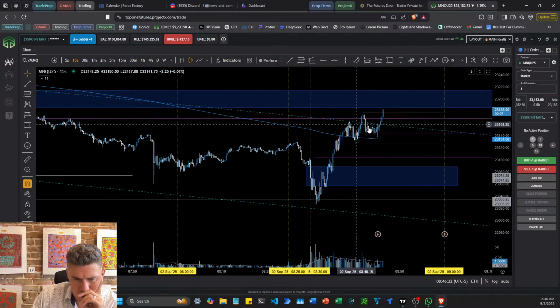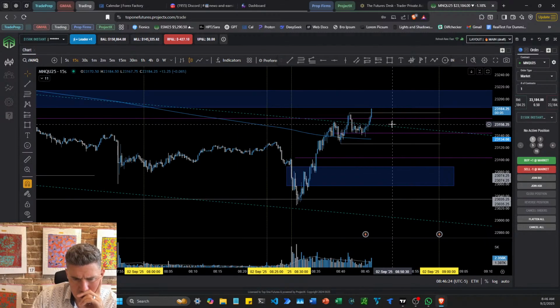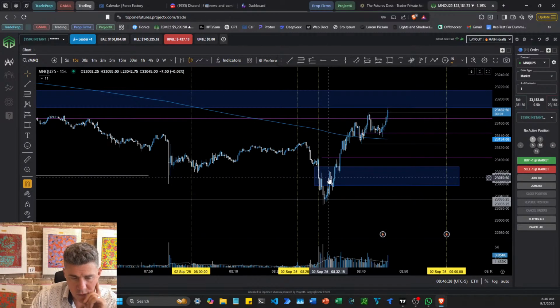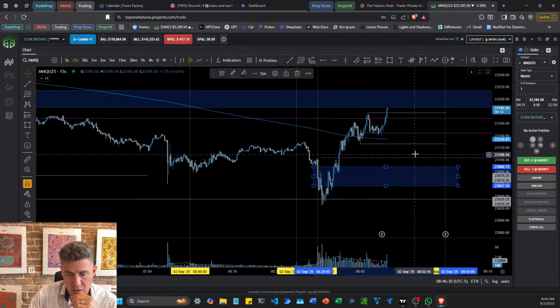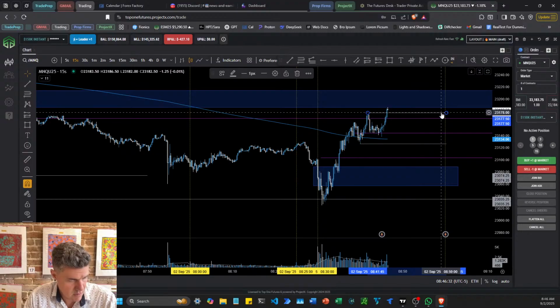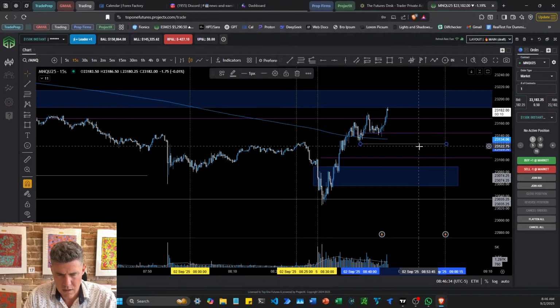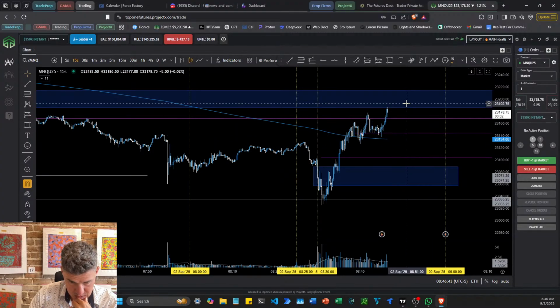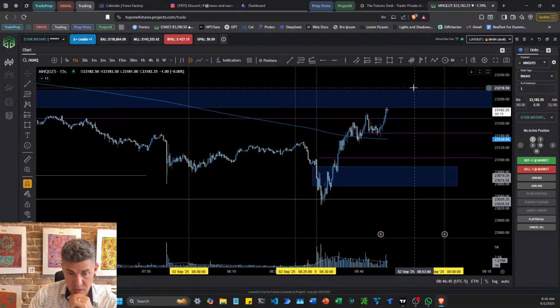Because you also have a breakout of this tight channel down. And so we're reverting to the mean after the overnight action. Okay, tapping that 15-minute order block here.